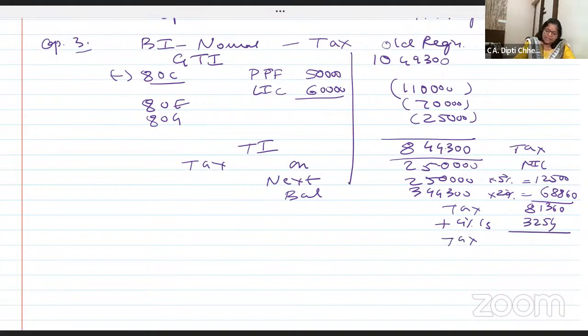So tax is coming to 84,614, rounded off to 84,610.